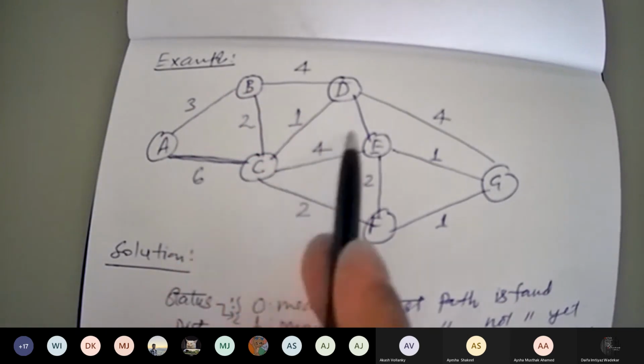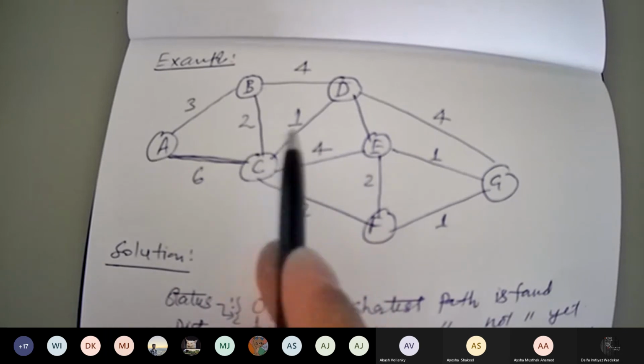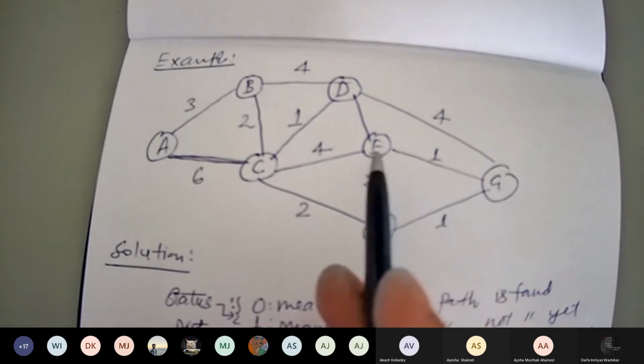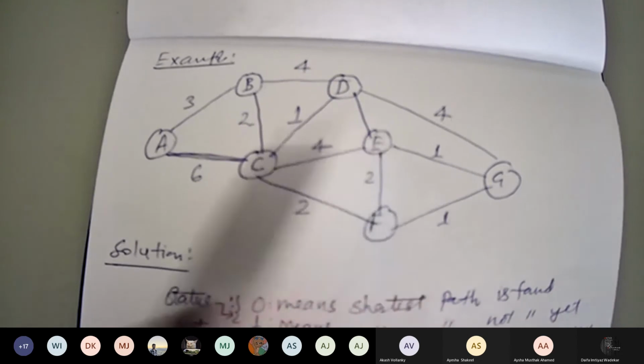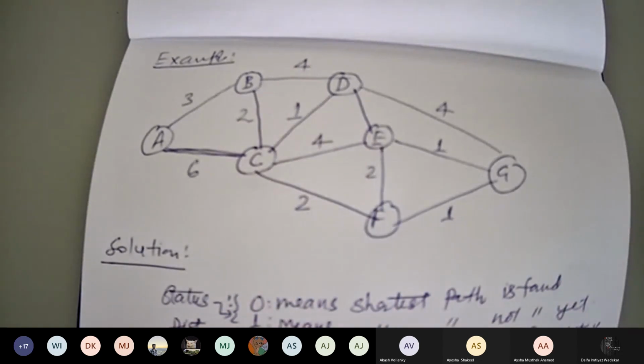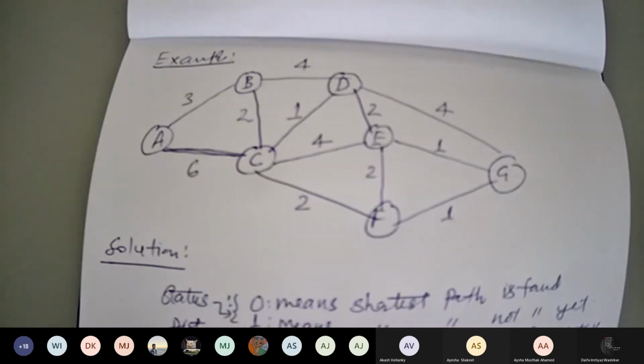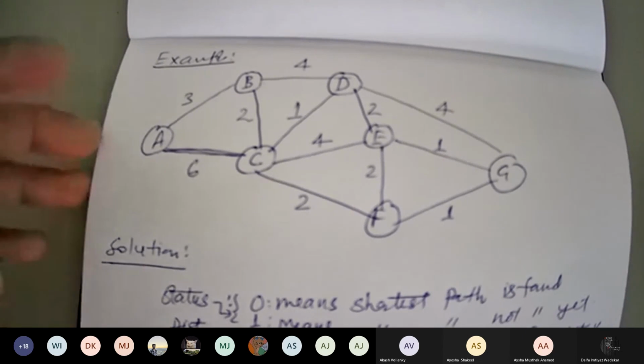A, B, C you will not take, because their status is already 0. So G status is 1 and E status is 1. So you are reaching these two places. What is the distance of D to E? Actually it is 2. So two places you are reaching, D to G and D to E.